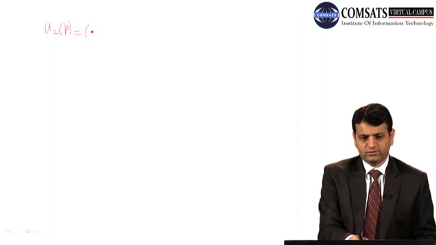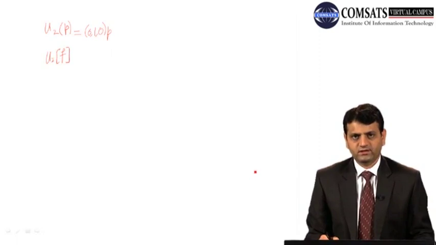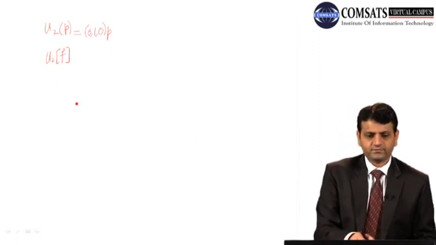u2 of P is equal to (0, 1, 0) at point P. Similarly, you can calculate the operation of this vector field on the function f.